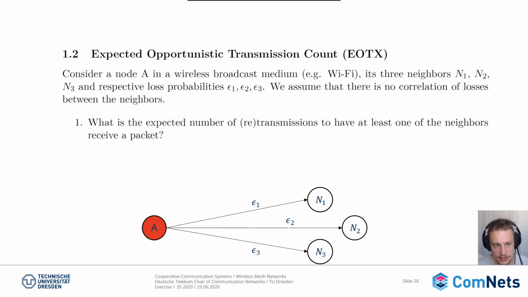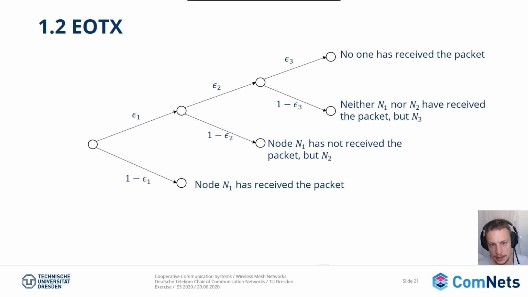So the question is, what is the expected number of retransmissions to have at least one of the neighbors receive a packet? Here we are stressing at least one of the neighbors. We don't care if it's 1 or 2 or 3. We can visualize this in this tree diagram. So at the starting point, transmission happens, then either node 1 receives the packet, and thus we do not care then about the rest of the nodes.